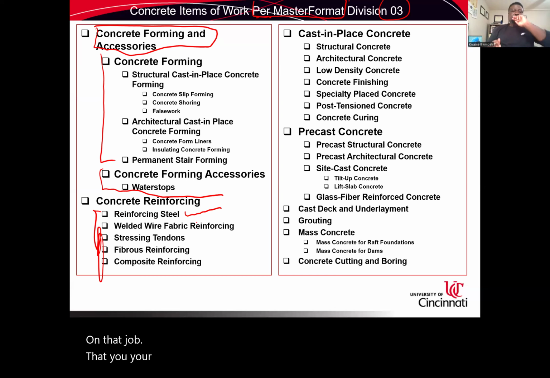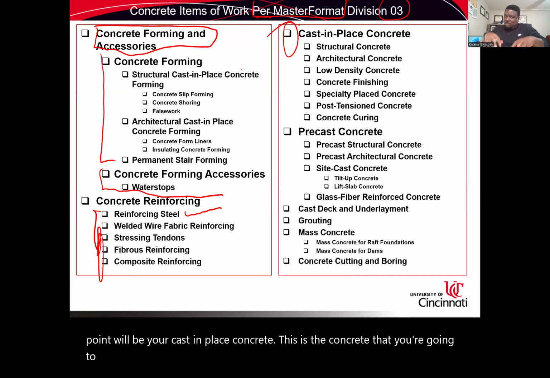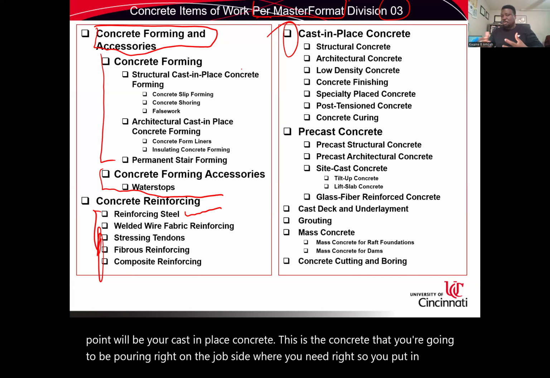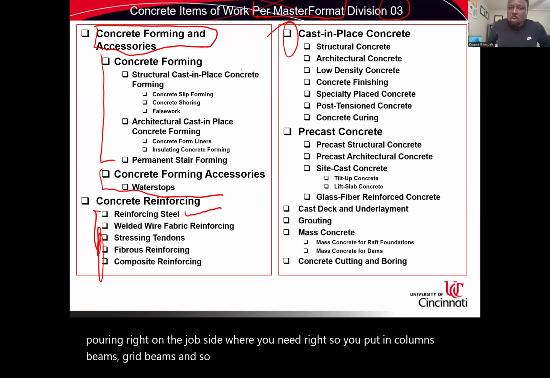All right. Let's move on to the next point, which will be your cast in place concrete. This is the concrete that you're going to be pouring right on the job site where you need it, right? So you're pouring columns, beams, grade beams, footings, and so on. Your foundation concrete and all of that.